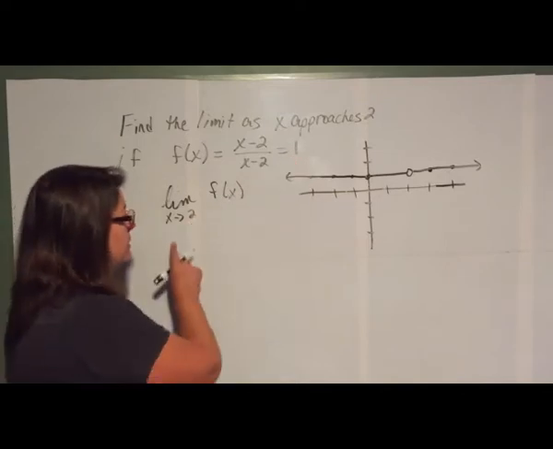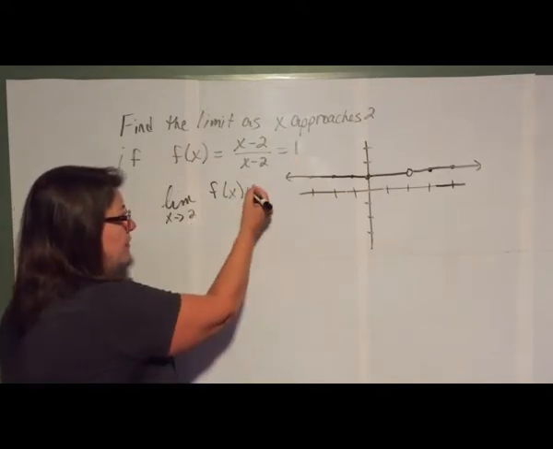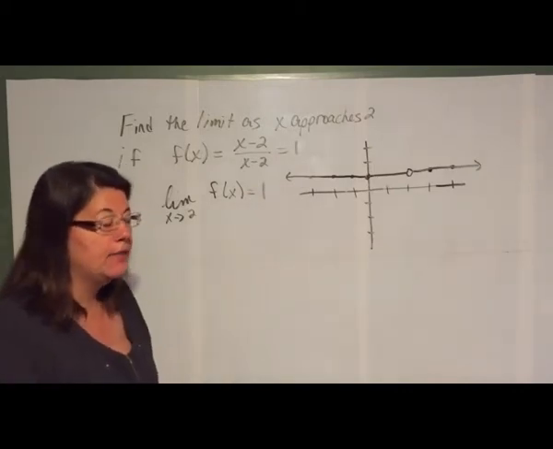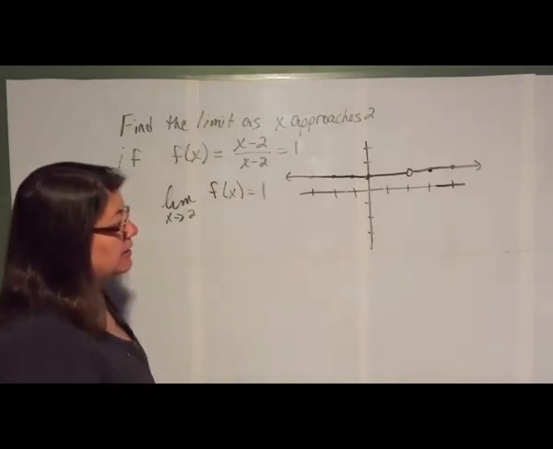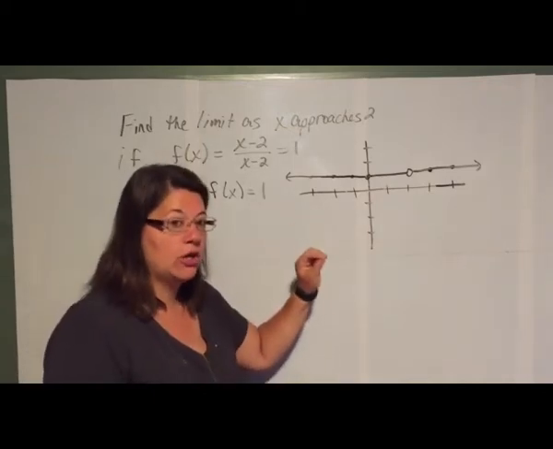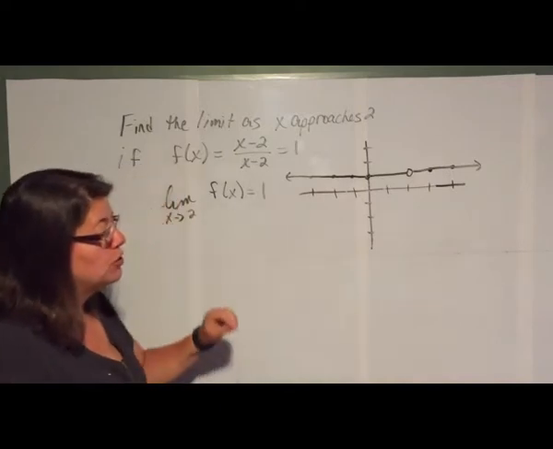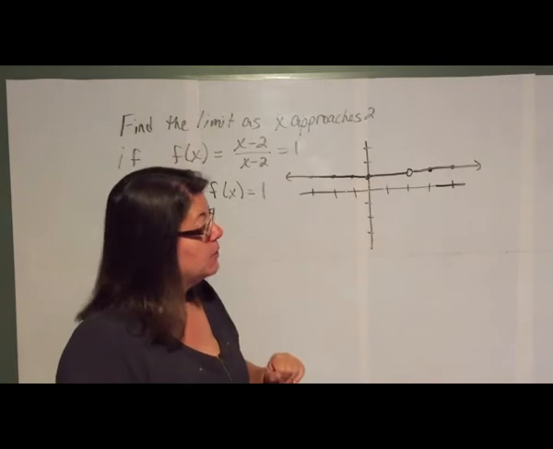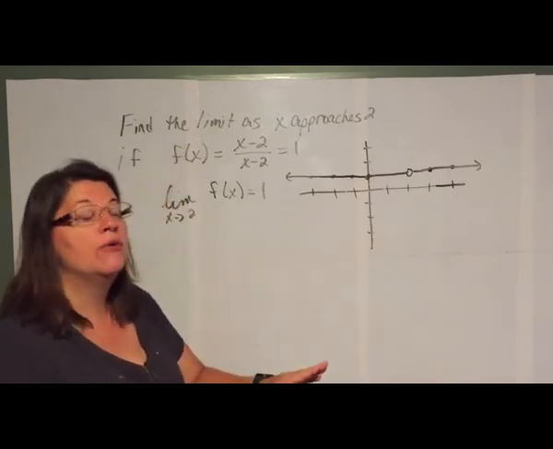So our limit here, the limit as x approaches 2 for f of x, is equal to 1. And the reason it's equal to 1 is because the function is approaching the same y value as we approach the x value of 2 from the left and as we approach the x value of 2 from the right.